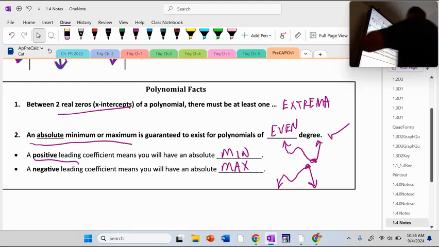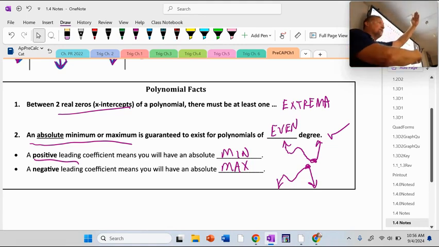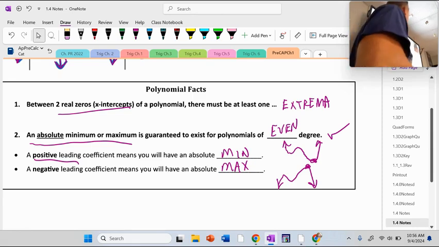Now, this is tied to this. If I have an even degree and it's a positive leading coefficient, up and up, I'd have a low point, so an absolute low. If it was a negative leading coefficient, down and down, I'd have an absolute high point somewhere because the graph extends down and down.